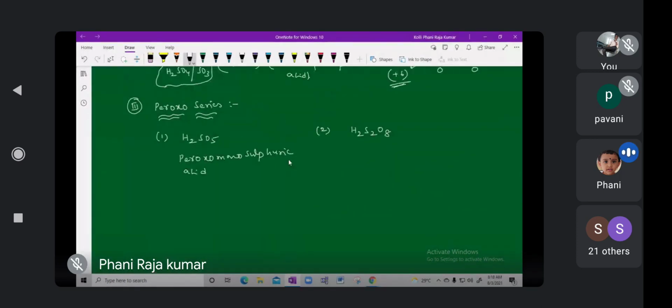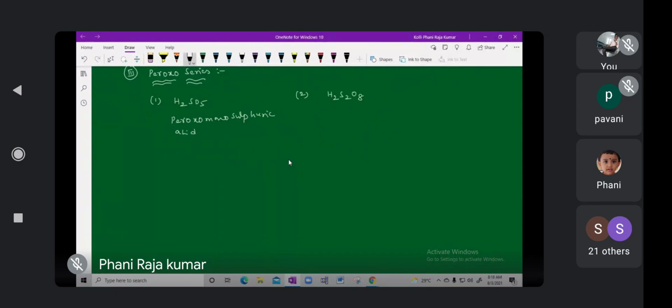In peroxo series, peroxo monosulfuric acid, and right side one peroxo disulfuric acid. Peroxo monosulfuric acid is called Caro's acid. Right side one is called Marshall's acid.